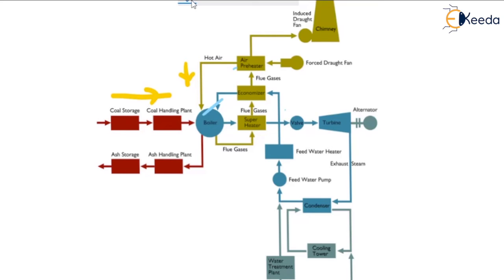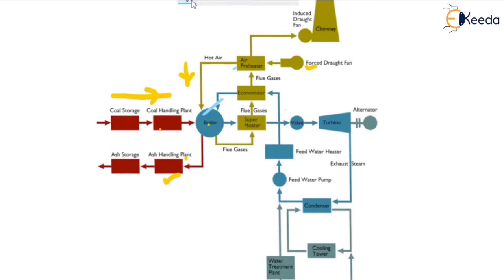After the combustion of fuel, the ash goes to the ash handling plant, where the ash will be handled. And now this air preheater: whatever flue gases come after combustion will be preheated by the forced draught fan.